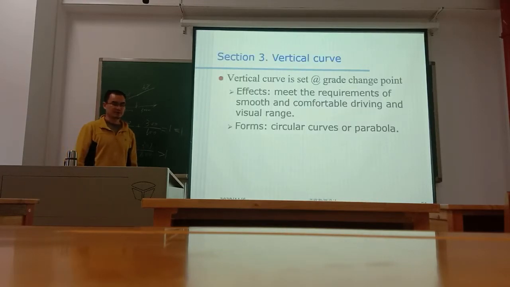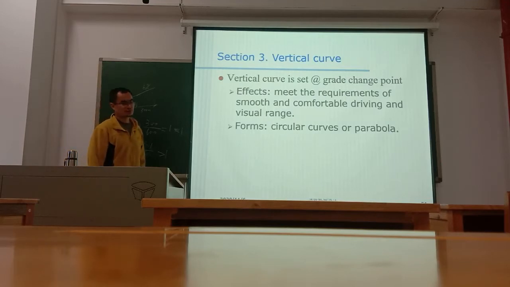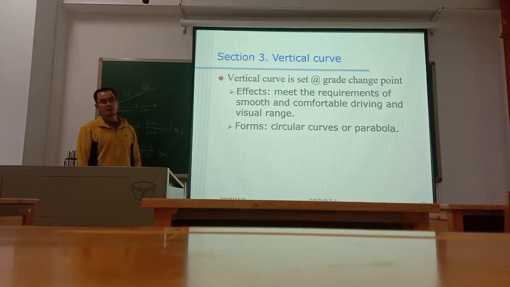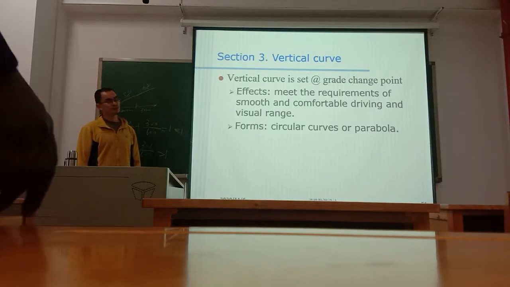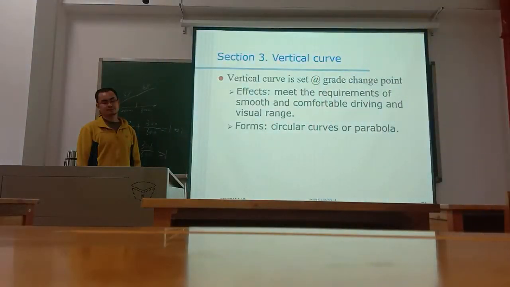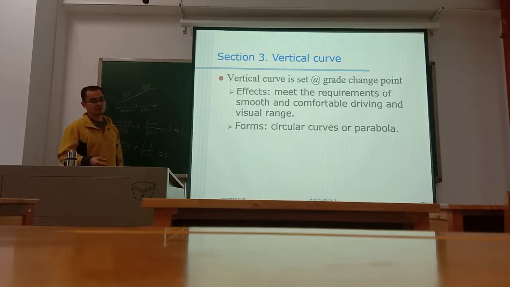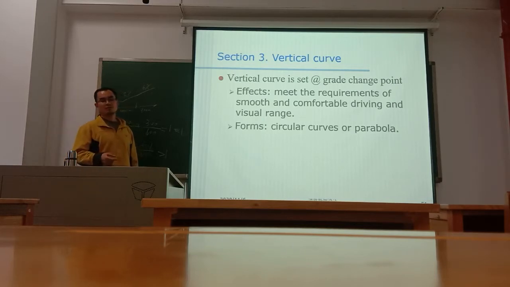Section 3, vertical curve. A vertical curve is set at a grade change point. The effect of the vertical curve is to meet the requirement of smooth and comfortable driving and the visual range. Forms: the vertical curve is a circular curve or a parabola.